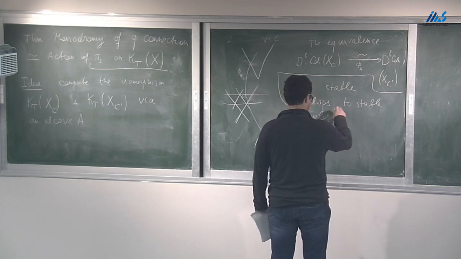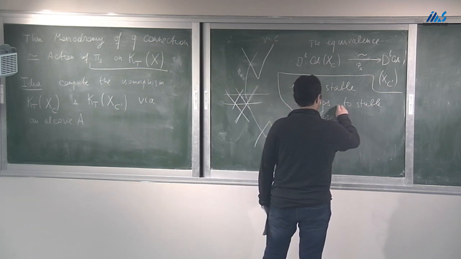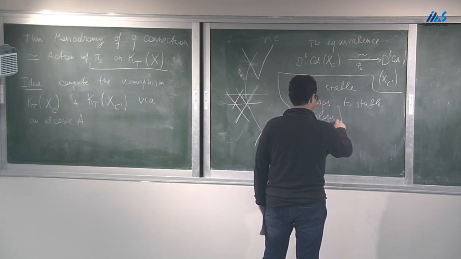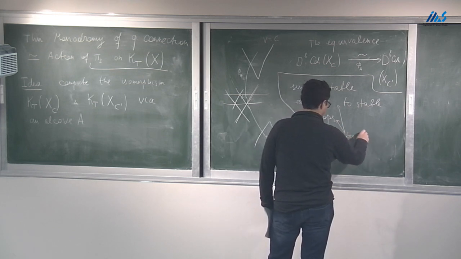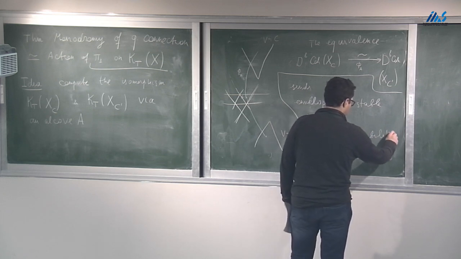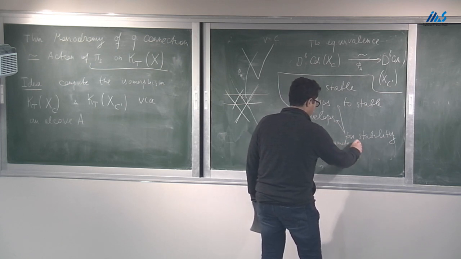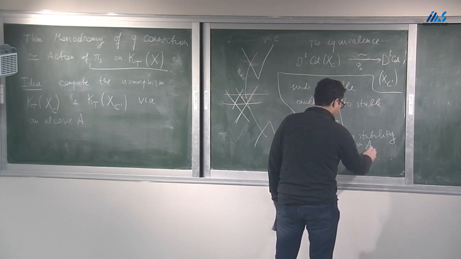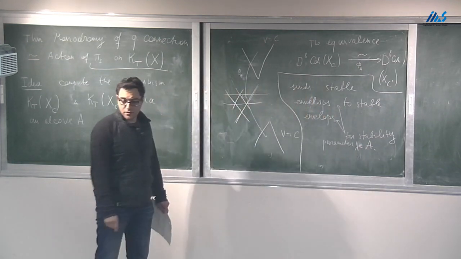So in fact, to make this sentence complete, I should say both here and here that these are stable envelopes for stability parameter lambda in A. Yes.